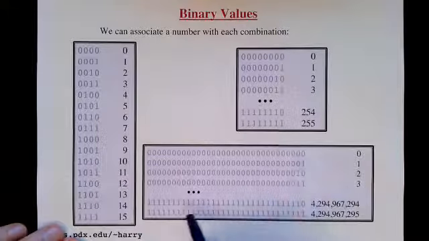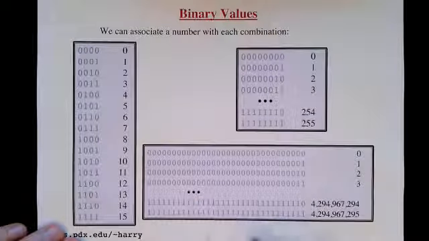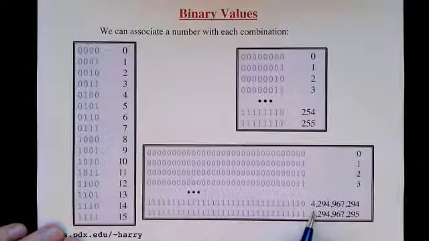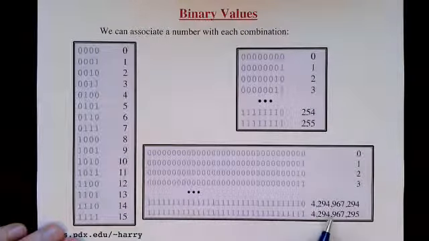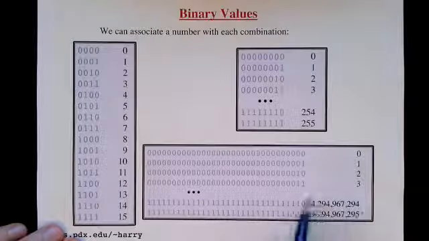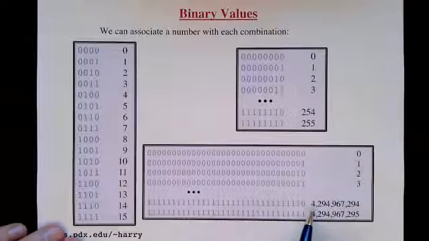In the case of 32 bits, we have 32 1-bits, and that corresponds to a number of 4,294,967,295. So the total number of values we have is just a bit over 4 billion different values.